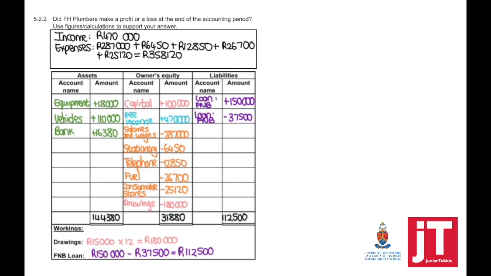And that means that the business income minus expenses made a profit of 111,880. So again, we needed to look at all our income minus all our expenses so that we can determine if the business made a profit or a loss. If our income exceeds our expenses, it means that the business made a profit.